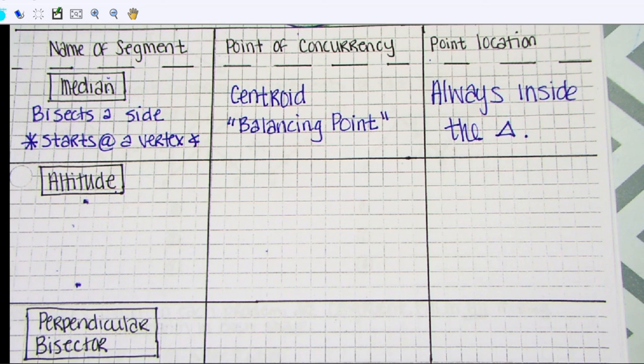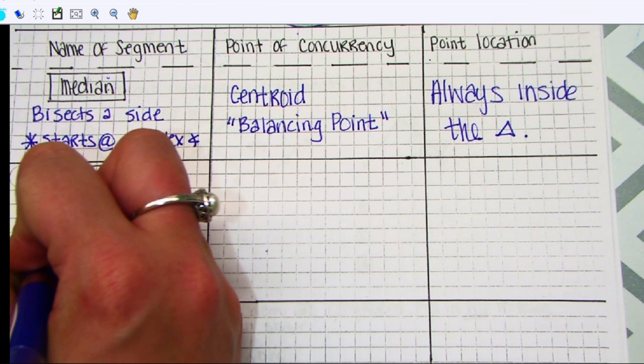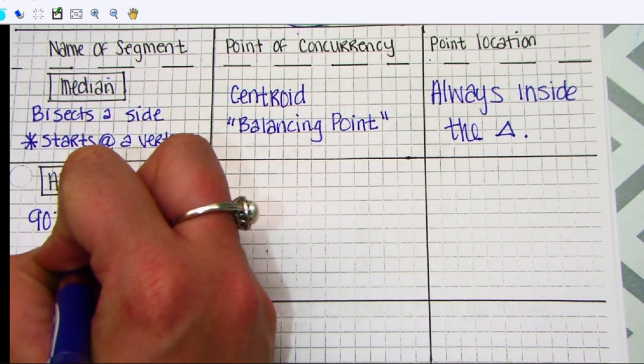All right, altitude. What does an altitude do? Perfect. It makes 90 degrees with the side. That's its main purpose.